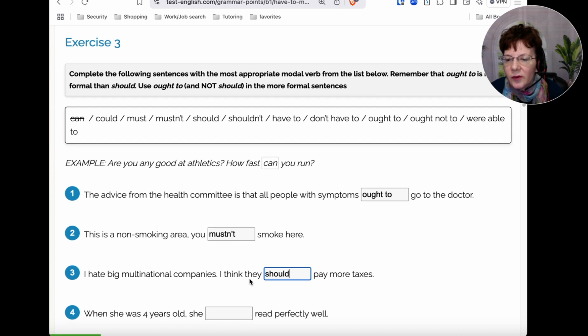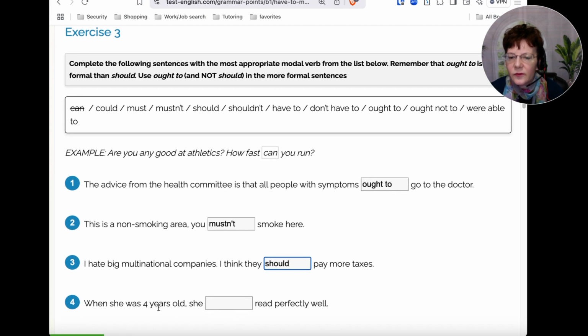One more here: when she was 4 years old, she read perfectly well. This sounds more like ability, not prohibiting or allowing. So we've got could up here, so we're going to put could here. That's can in the past.